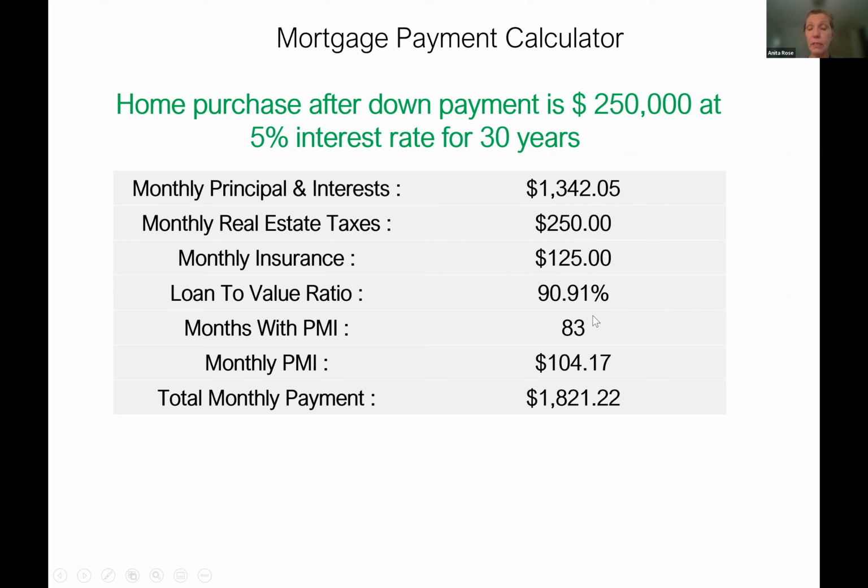And in this particular case, we're limiting it. We're only going to charge you the PMI for 83 months and then it falls off, which has become very popular with banks lately. Here's the amount of the mortgage insurance, the PMI, and that will go away after the 83 months. It's a long time. And here is your final payment, $1,800 a month.